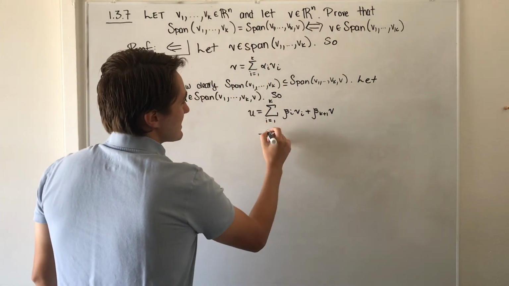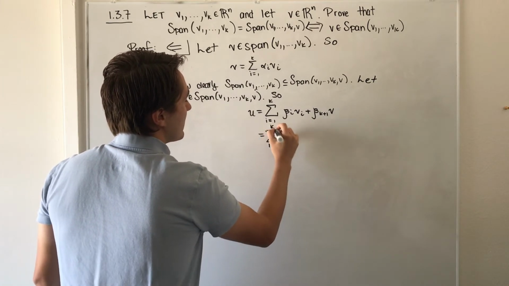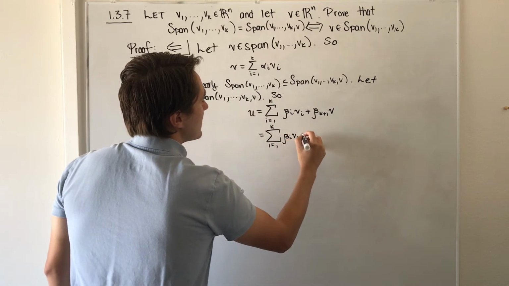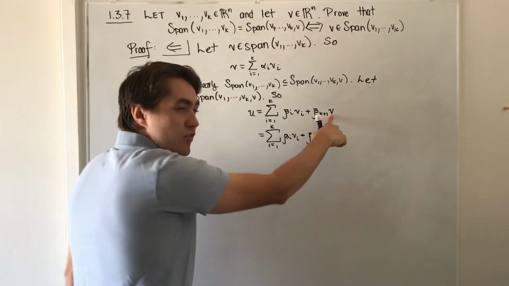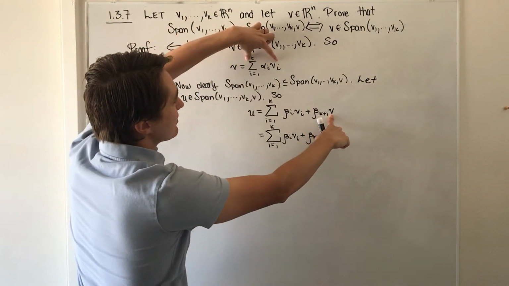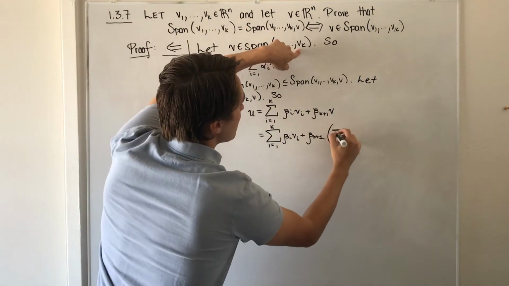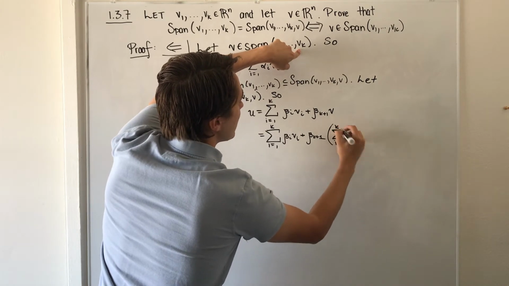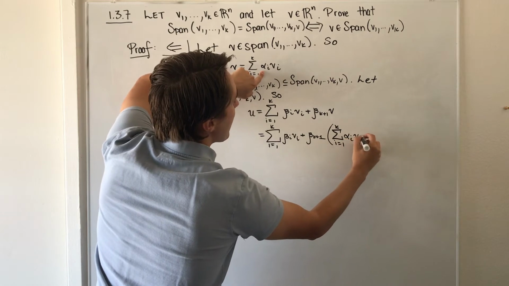This thing stays the same: the sum from i equals 1 to k of beta sub i V sub i, plus beta sub k plus 1. But instead of writing V, I'm going to write it as a linear combination of V1 through Vk, times the sum from i equals 1 to k of alpha i Vi.